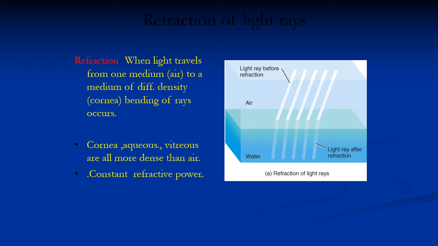This phenomenon occurs in our eyes because the cornea, aqueous, vitreous and lens are denser than air, and when light comes in contact with the cornea, the aqueous and the lens, there is a change in the pathway of light. There is a change in the speed of light, and so there is a change in the path.